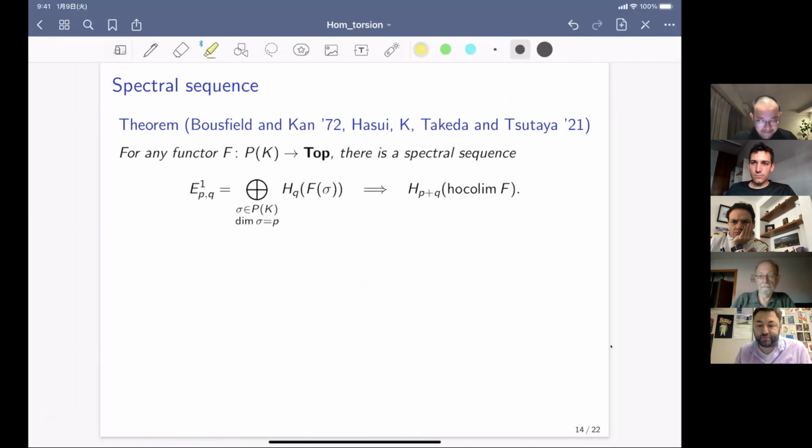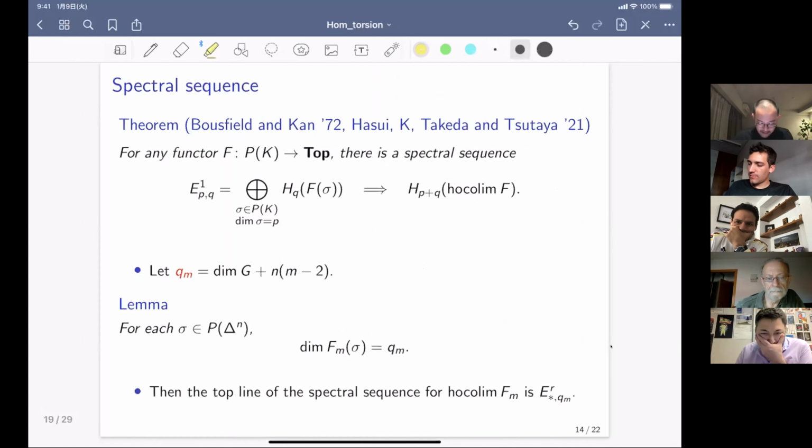Now we have this Bousfield-Kan spectral sequence. This is a kind of cell spectral sequence with singular fibers. Now let Qm be the dimension of G plus n times n minus 2. Then we know the dimension of Fm sigma. It's always Qm, independent of sigma.